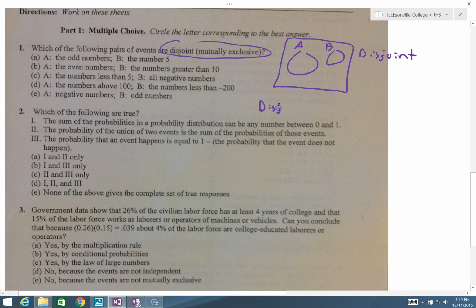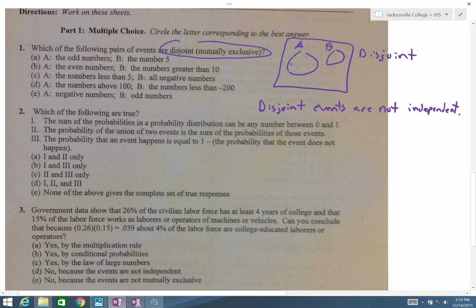Disjoint events are not independent. And that's kind of contrary to what you think of as independent. You think, hey, independent, they're standing alone.